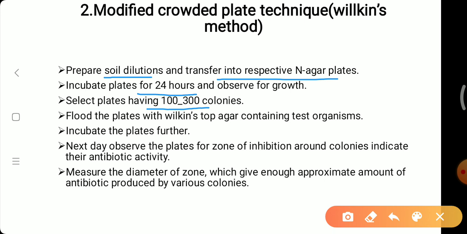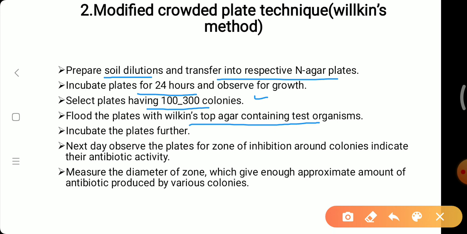After that we will flood the plate with Wilkins top agar containing test organisms. We will take Wilkins medium, or Wilkins melted broth, and in that we will add the test organisms and flood it onto this plate having 100 to 300 colonies.